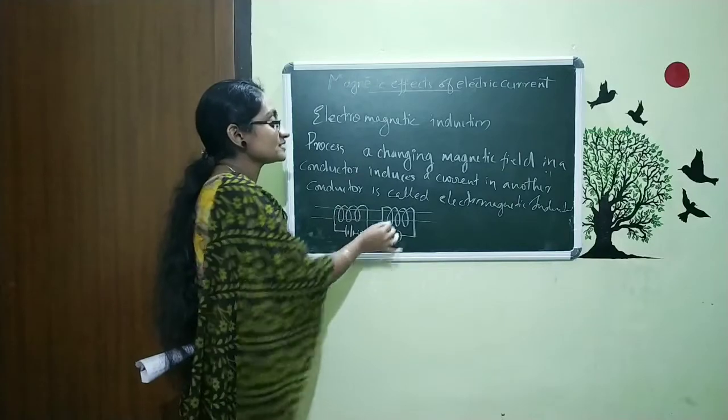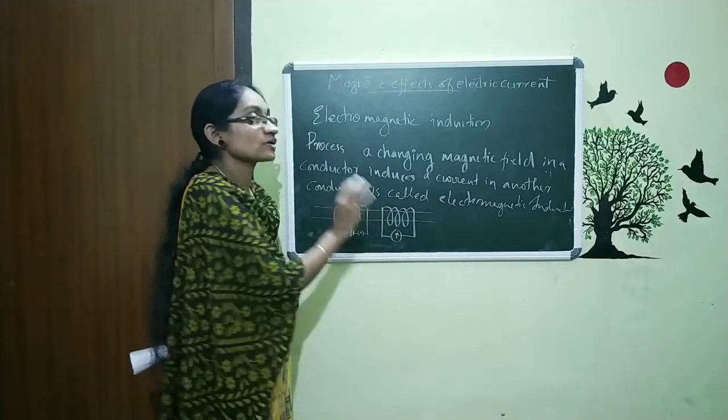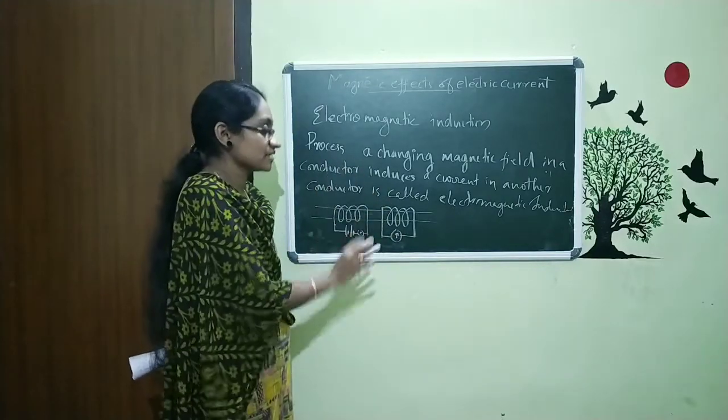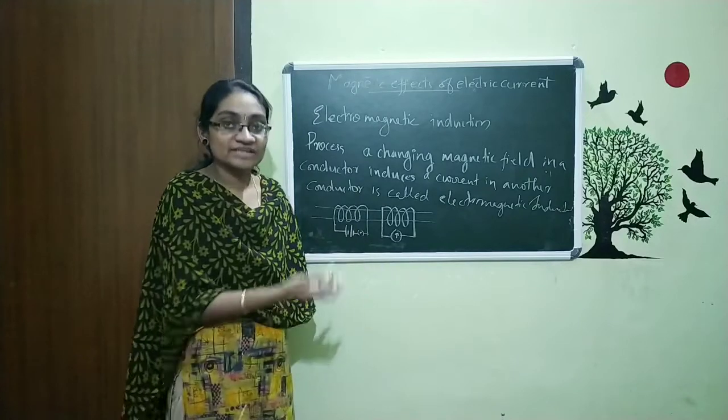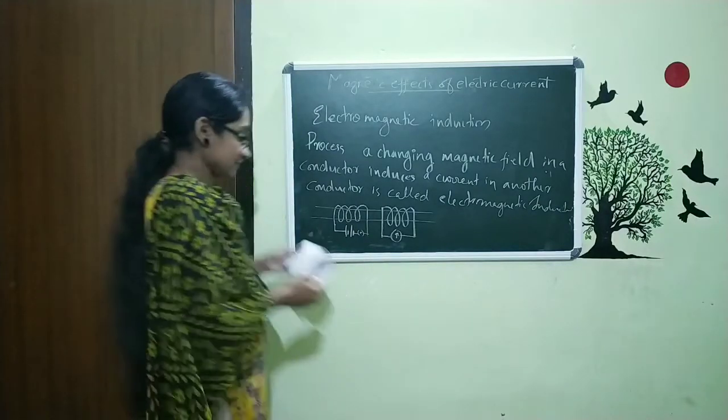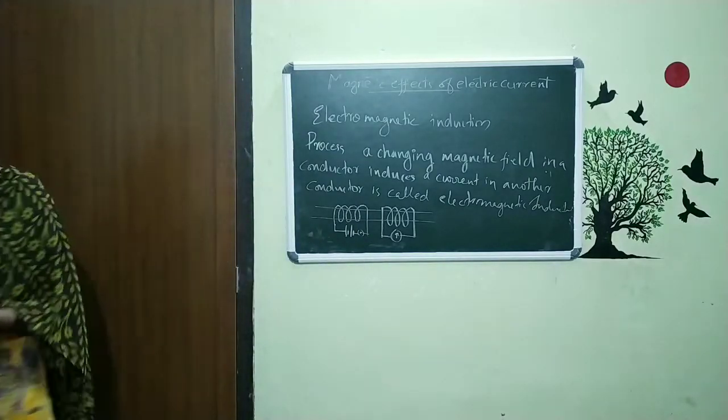That means this circuit compels the other to produce current. When the magnetic flux is changing here, then in the other coil they induce or produce electric current. This is electromagnetic induction. Very simple thing. I hope it's clear for you.